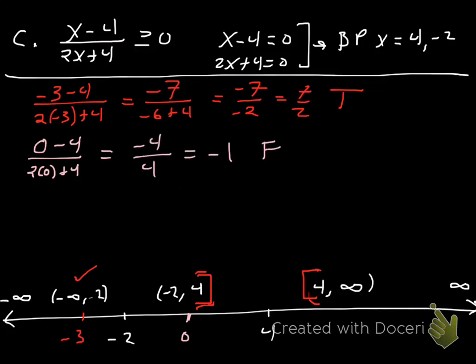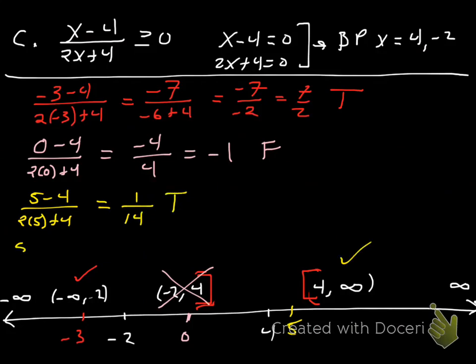And we get a negative, so that one's false. We're going to cross that interval out. And finally, we're going to test something in 4 to infinity, so maybe 5 is a nice one to test. Alright, so we have another true, so our solution's got to be the union of the two true pieces.